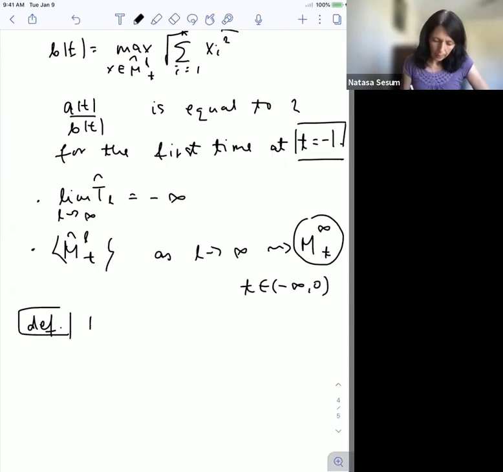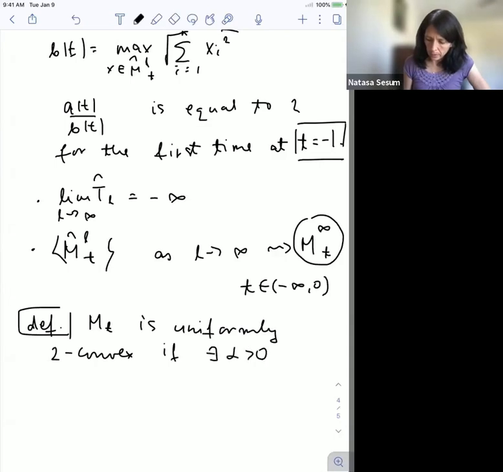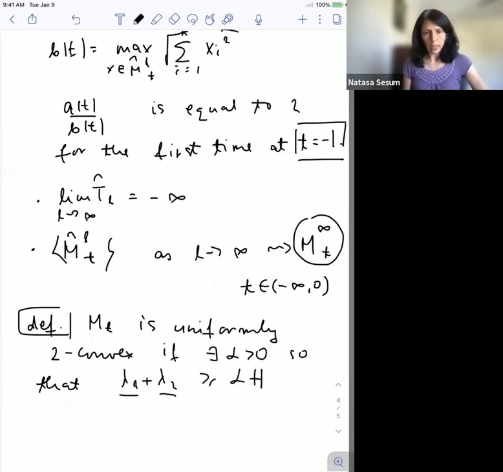Okay, so now let's define M t to be uniformly convex if there exists alpha greater than 0, so that lambda 1 plus lambda 2 is greater or equal than alpha times H, where lambda 1 and lambda 2 are the two smallest eigenvalues. And what is known is that this condition is preserved along the flow.